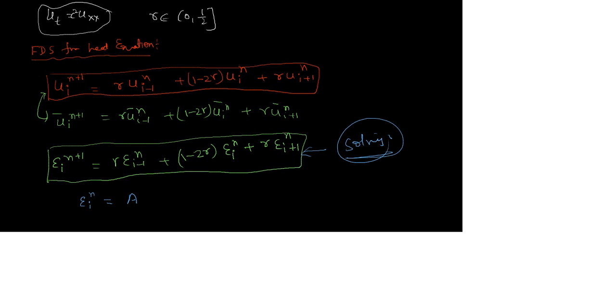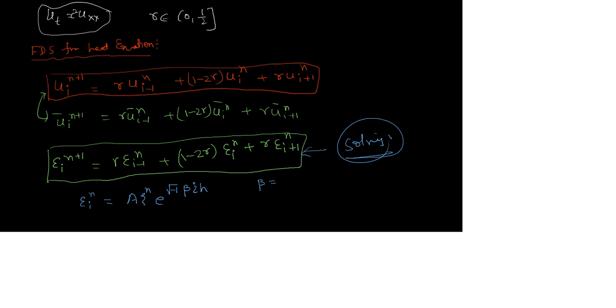That is why we substitute only the individual term, A zeta^n exponential of square root of minus 1 beta i h, where beta was m pi by n h.